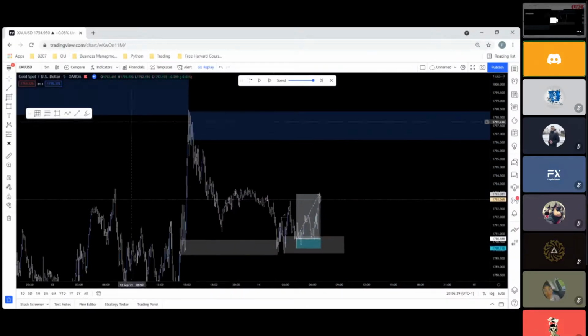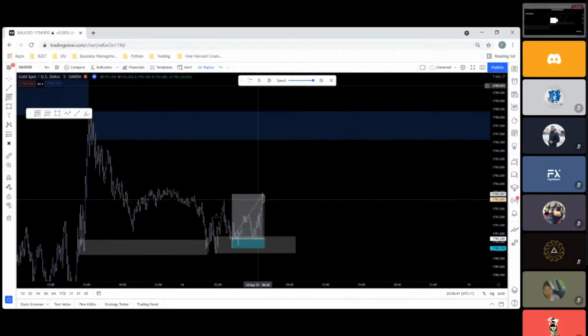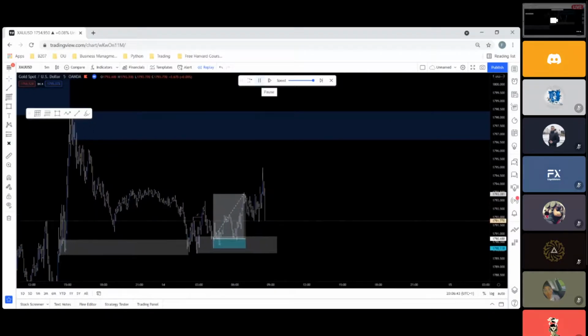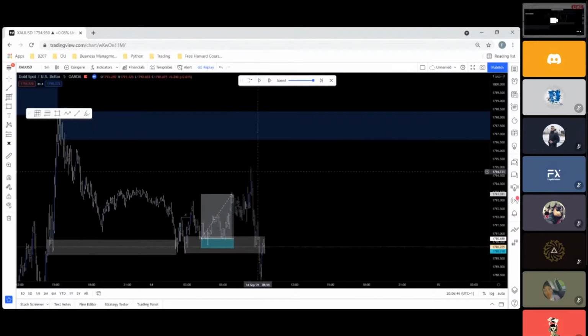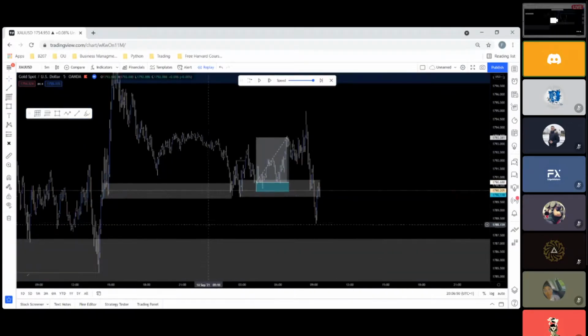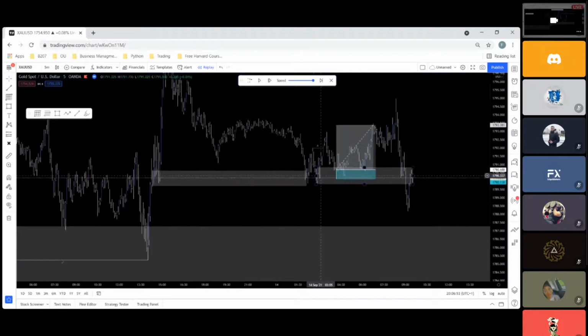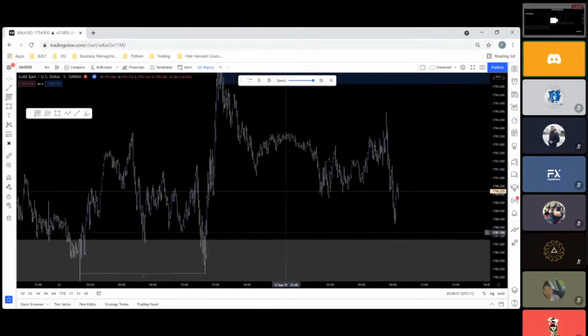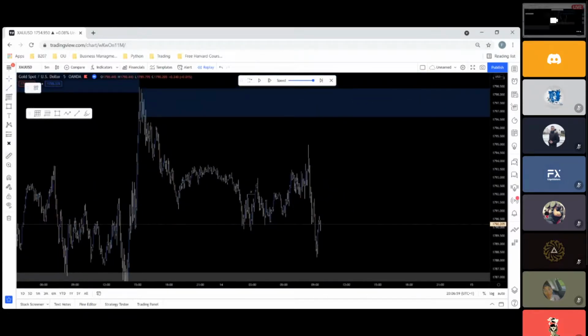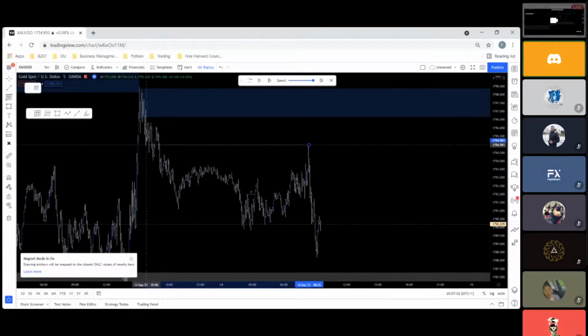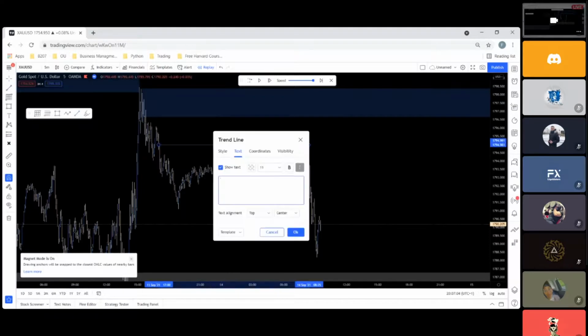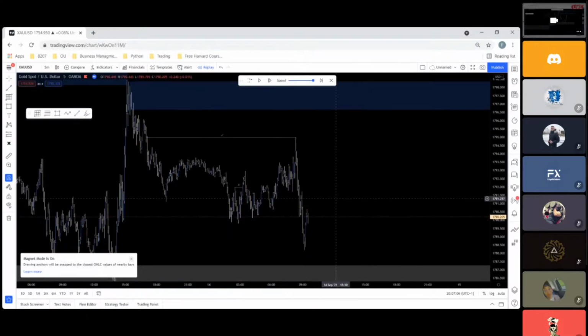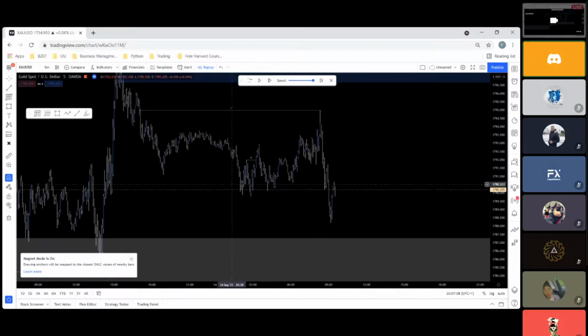Let's see what happens. Yeah, so nothing here for me really. Obviously now we're breaking down. We are holding structure, and starting to break down the inner range structure.